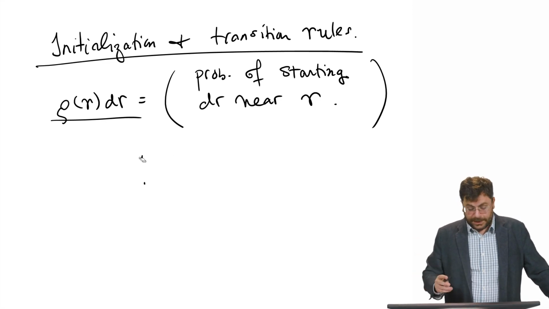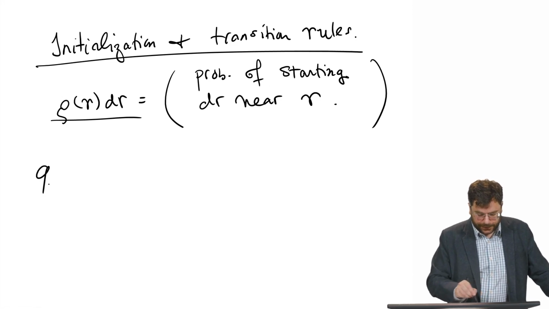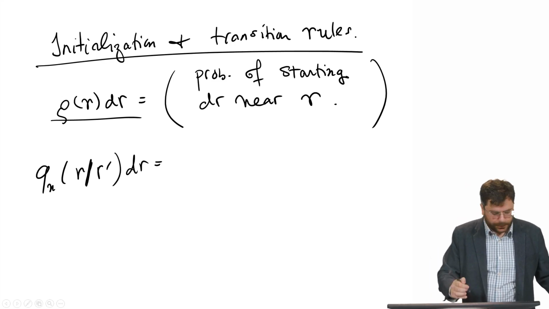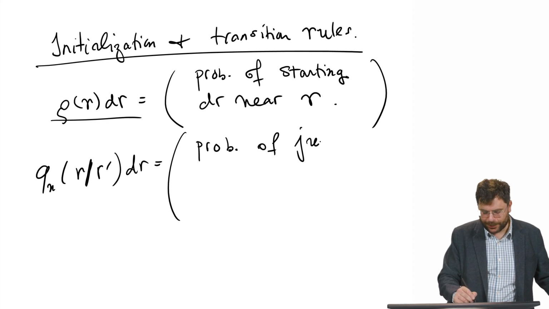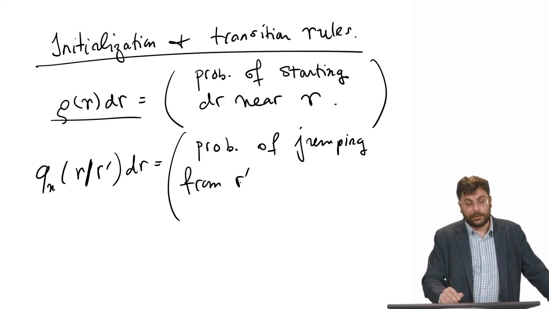Now what about the density, the transition density? So let's go ahead and write that down just underneath. Right here. So Qn of R given R prime dr is equal to, or how do I interpret that?